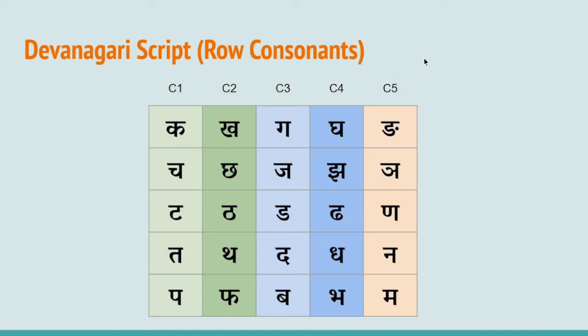Ka, cha, ta, ta, pa. The last, C5? Nga, nya, na, na, ma.